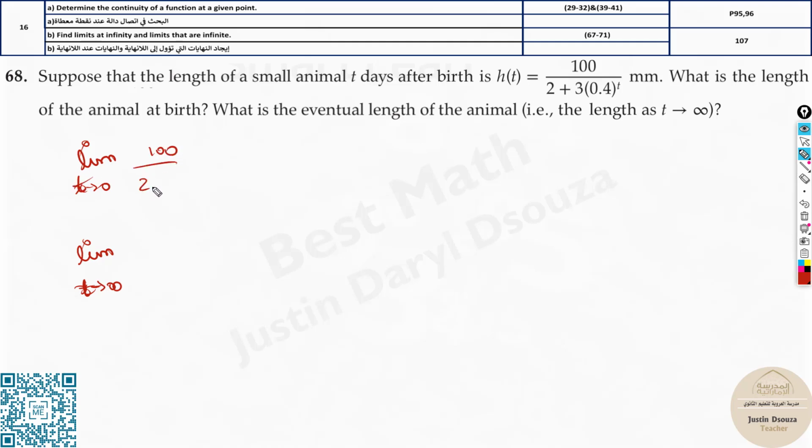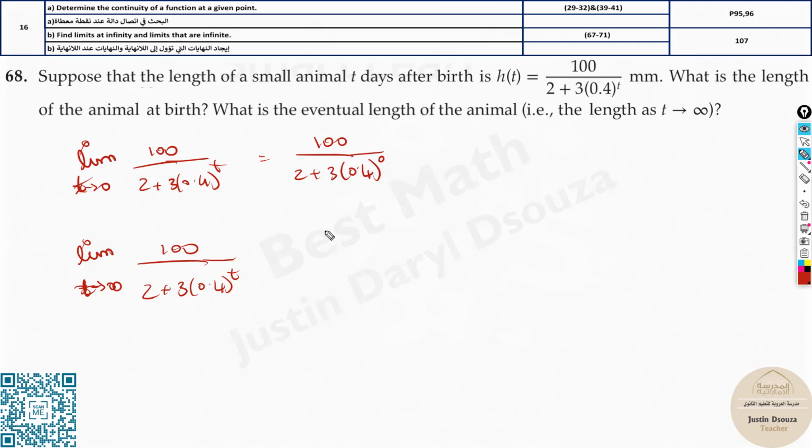It is 100 divided by 2 plus 3 times 0.4 to the power t. You substitute here 100 divided by 2 plus 3 times 0.4, this power is 0. But here what happens? It is 100 divided by 2 plus 3 times 0.4 power infinity. And when the power is 0, it's 1.